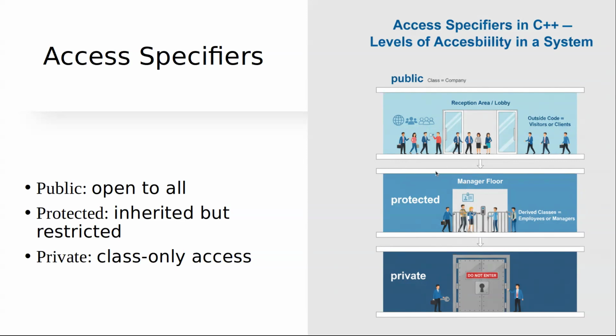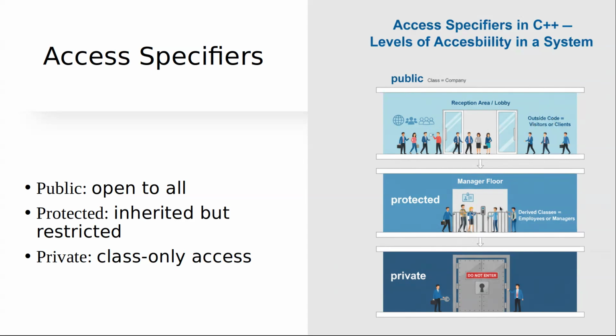The public section is like the company lobby, open to everyone, even visitors can enter freely. Similarly, when a member is declared as public, any part of the program can access it directly.